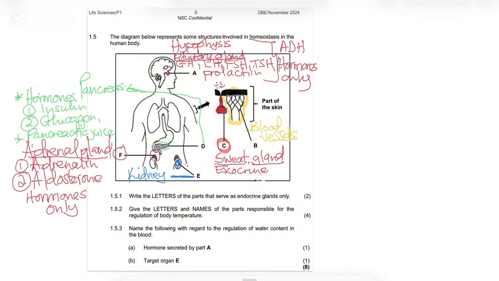So now that we have studied the diagram, let us answer the questions. Question 1.5.1. We need to be in a position to understand the instructions provided by the examiner in each of the questions.